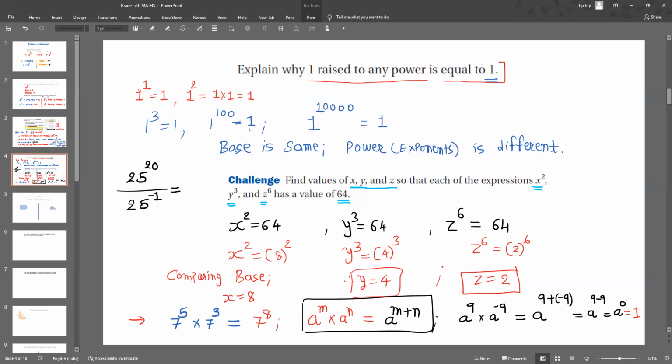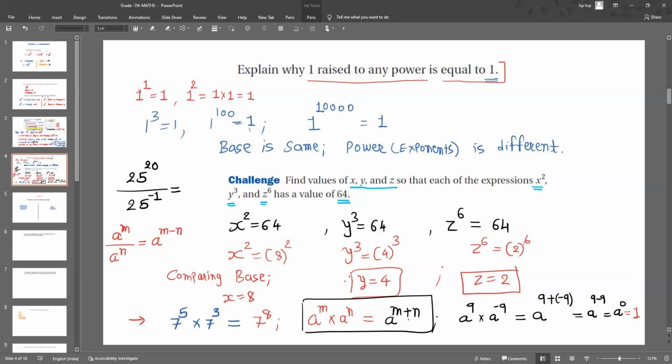No, I can explain. Here you can see which law we have to apply: a raised to m divided by a raised to n. The base is same, the power is different, but these are in division. So the simplification is a raised to m minus n, because it is division.